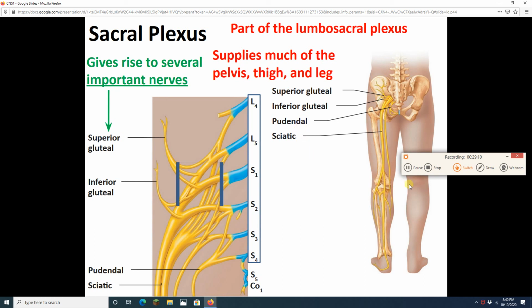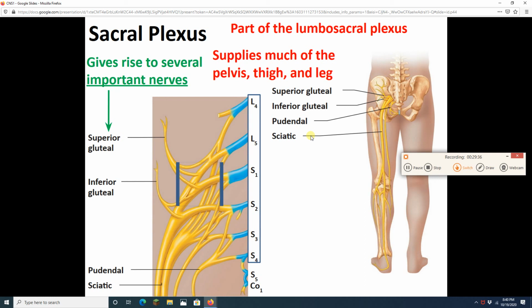Pudendal means of the pudendum, which was the anatomical term, and I kid you not when I say this, for the, I haven't even told you why I'm kidding you not. Pudendum is like an old anatomical term for the female external genitalia. So we're talking labia, clitoris, mons pubis.